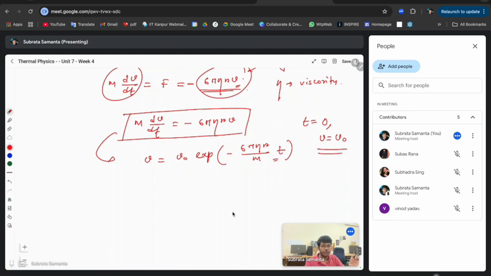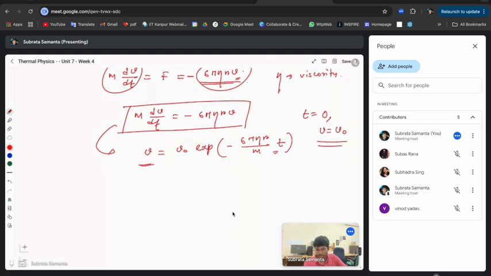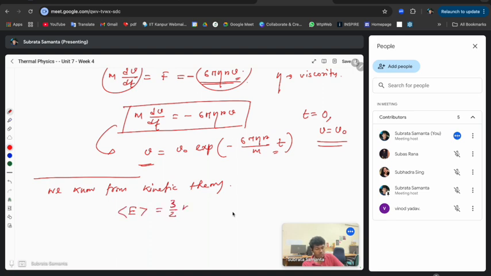The velocity changes if we put an external force on it. But what do we know from the kinetic theory? We know from kinetic theory that if we fix the temperature T, the absolute temperature, then your average energy is 3/2 kBT.